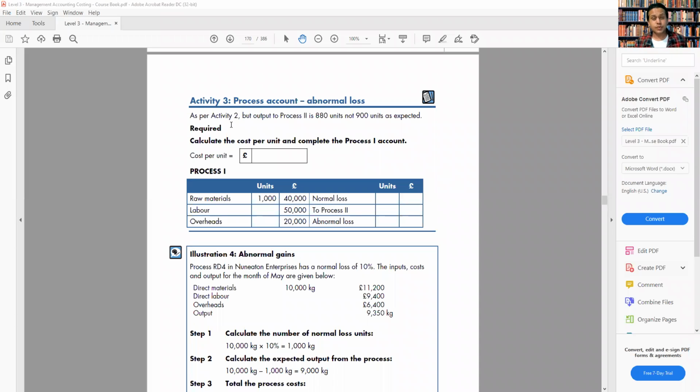All this information from activity 2 still applies, but output to process 2 is 880 units, not 900 units as expected. So can anyone tell me how many units is the abnormal loss here?